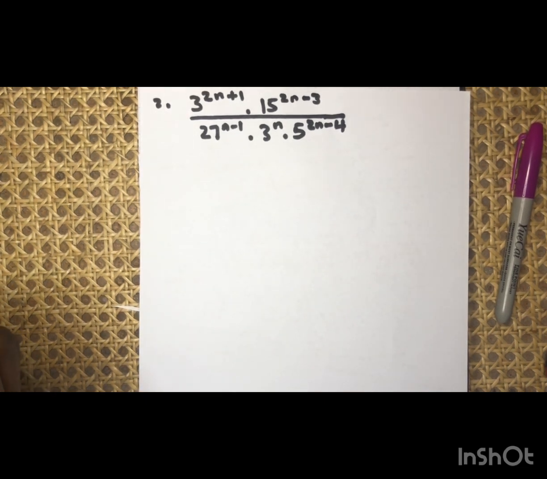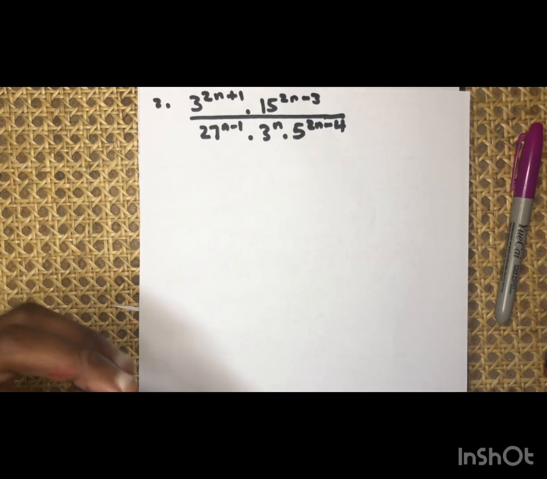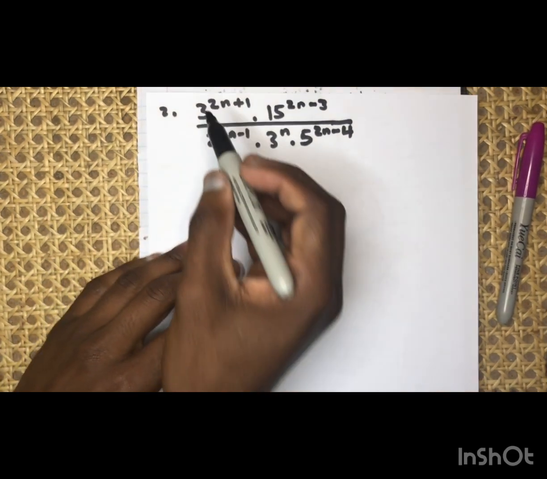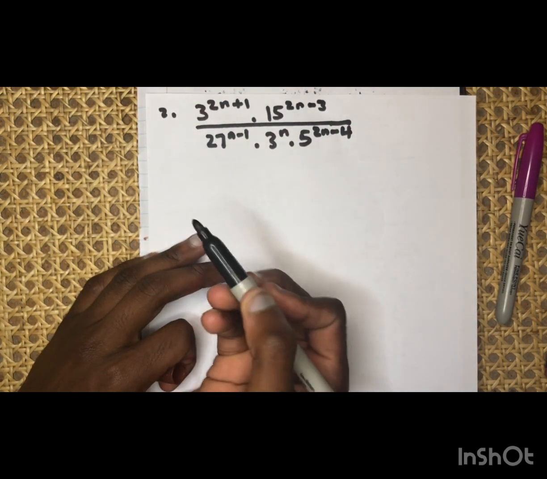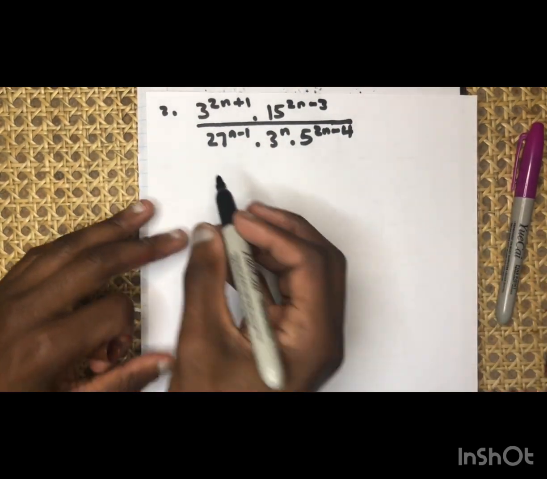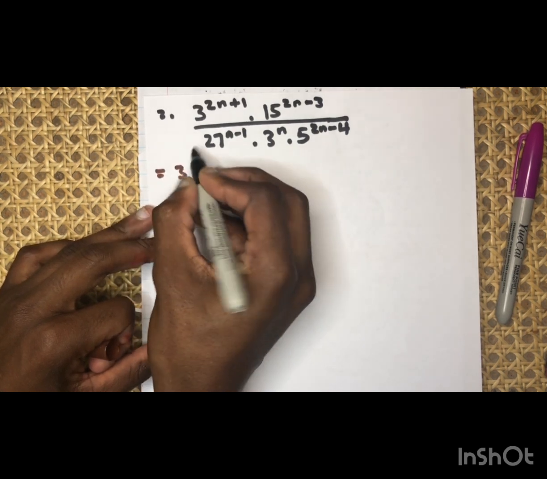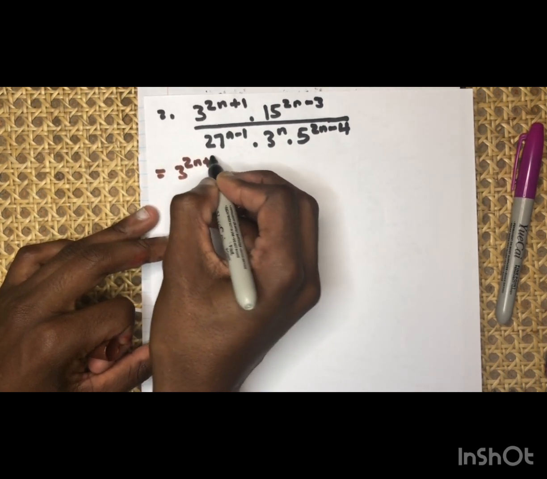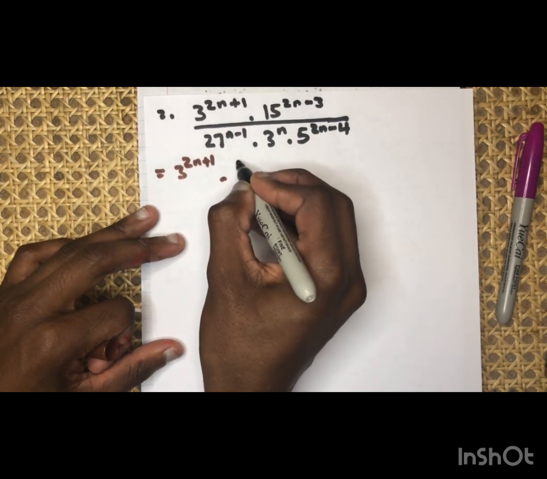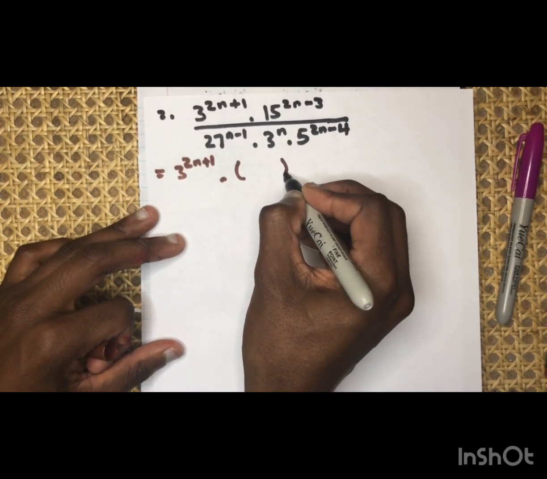If I take everything to the top, the signs of the exponents change. So let's take this one. Guys, do you agree with me that 3 is already a prime base? So I'm not going to change 3. So 3 will remain as it is, 2n plus 1, times, then I want the prime base of 15.